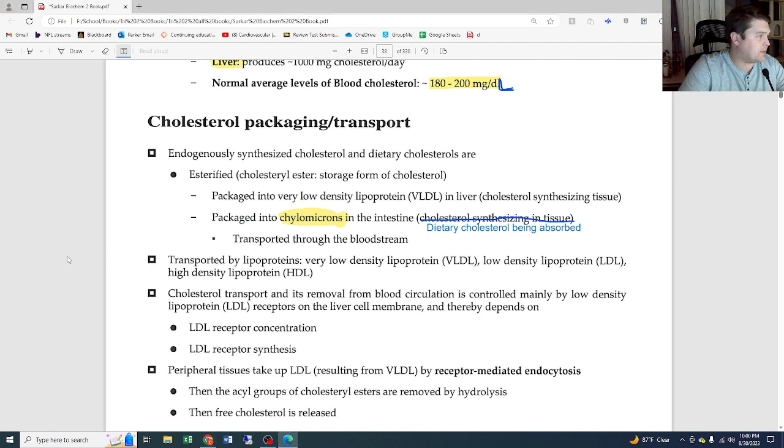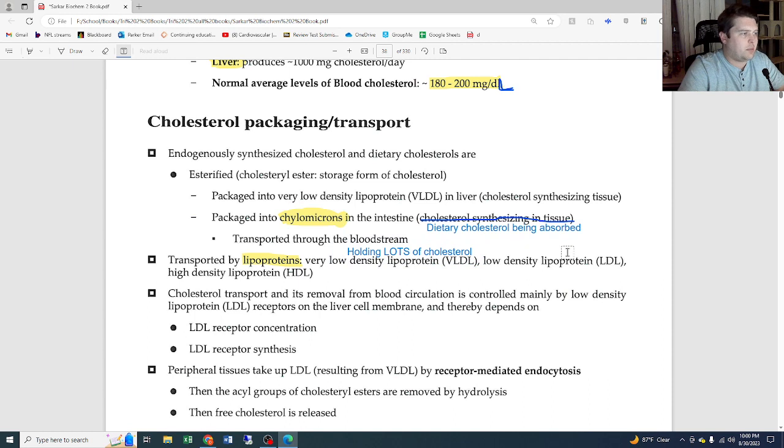Just actually right next. So cholesterol is going to be transported by lipoproteins, so proteins combined with lipids. We have the very low density lipoprotein, the low density lipoprotein, and high density lipoprotein. VLDLs are holding lots of cholesterol.